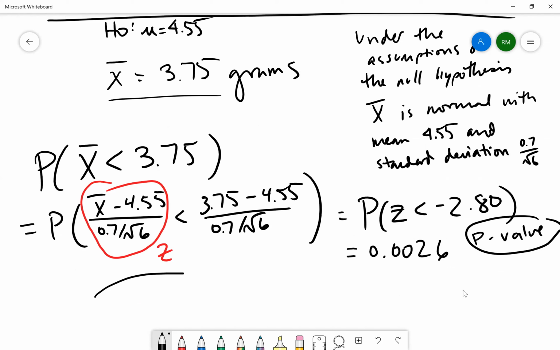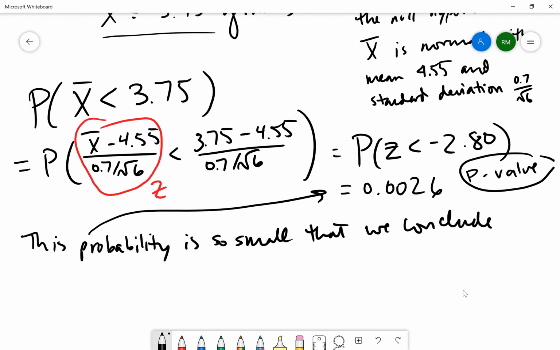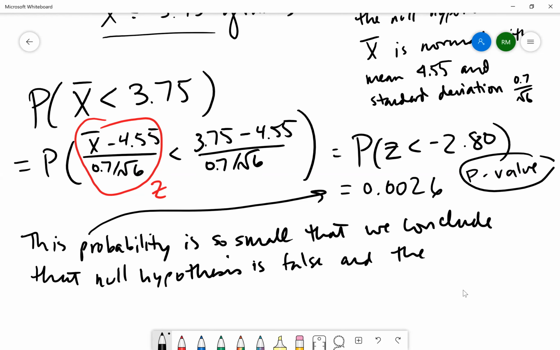This probability is so small that we conclude that the null hypothesis is false, and the alternate hypothesis is true.